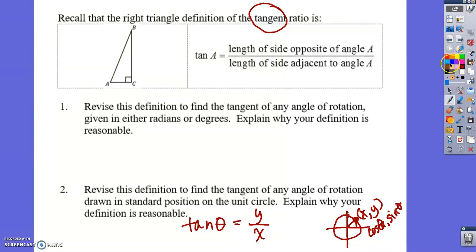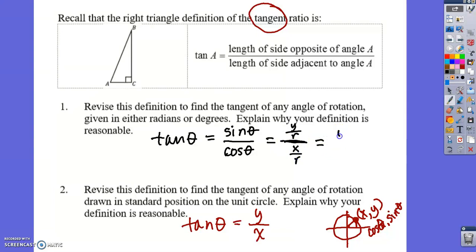The other thing to think about going back up here is that tangent of theta we know is opposite over adjacent, but we also know that it's sine of theta over cosine theta. And we know that sine is y over r, and cosine is x over r.